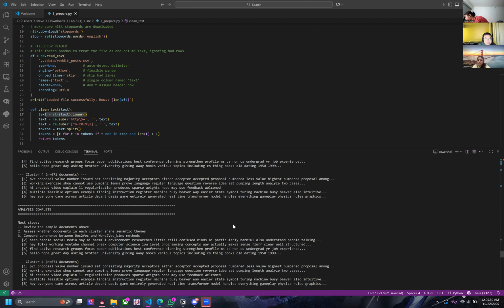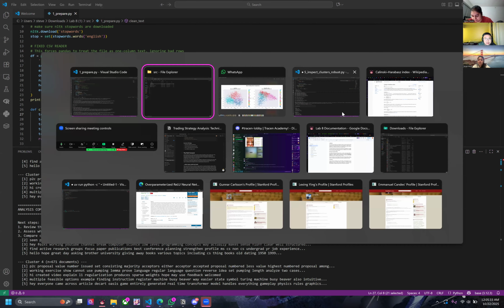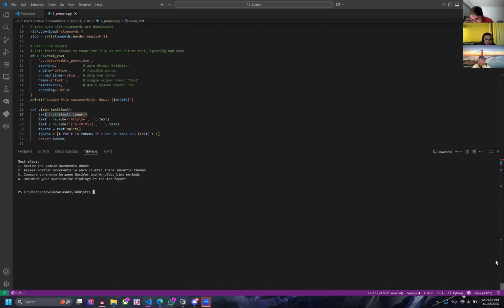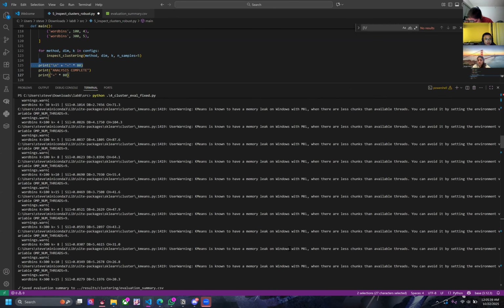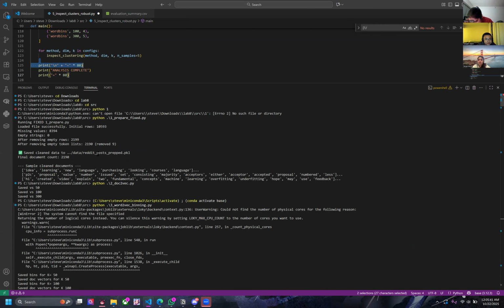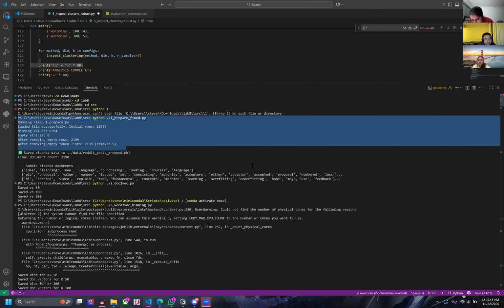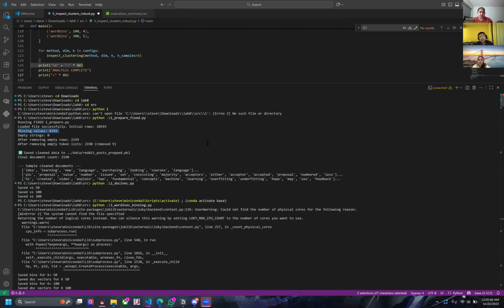I believe at the end we did remove, nope, we did not remove anything. So we ended up preparing a different file. This time around we removed a lot of strings with missing values, and it's like 80% of the dataset.